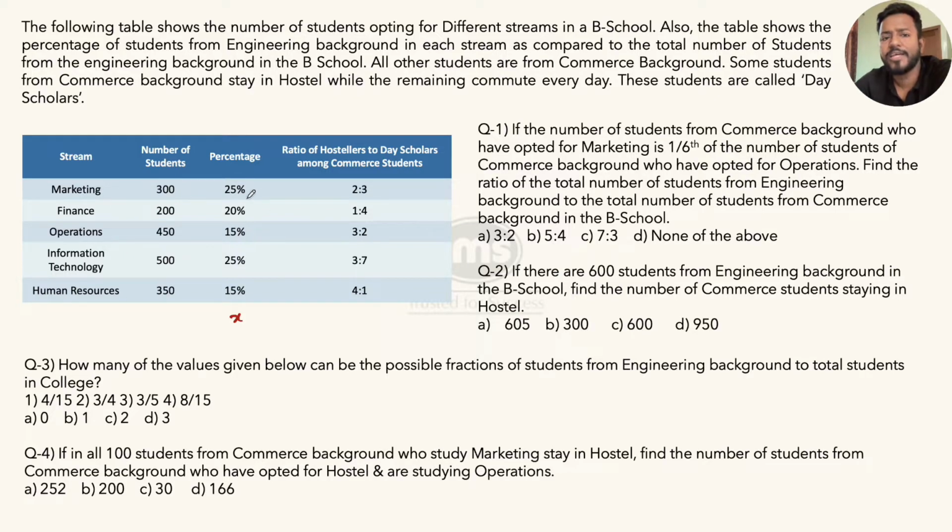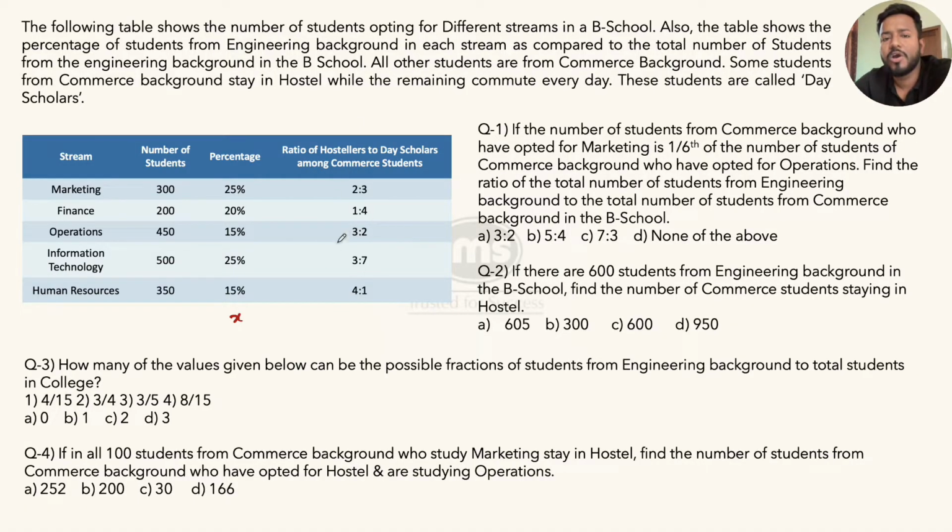This is the first part, and the next part is fairly simple. The students which are not from engineering background, it is said they are from the commerce background. So suppose if I say this is X, so this is going to be 0.25x. Now 300 minus 0.25x would give me the total number of commerce students in each particular branch, right?